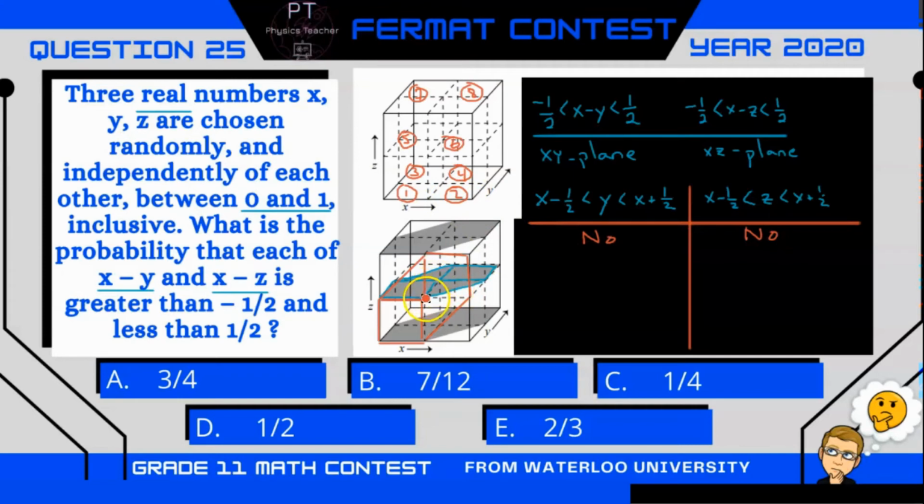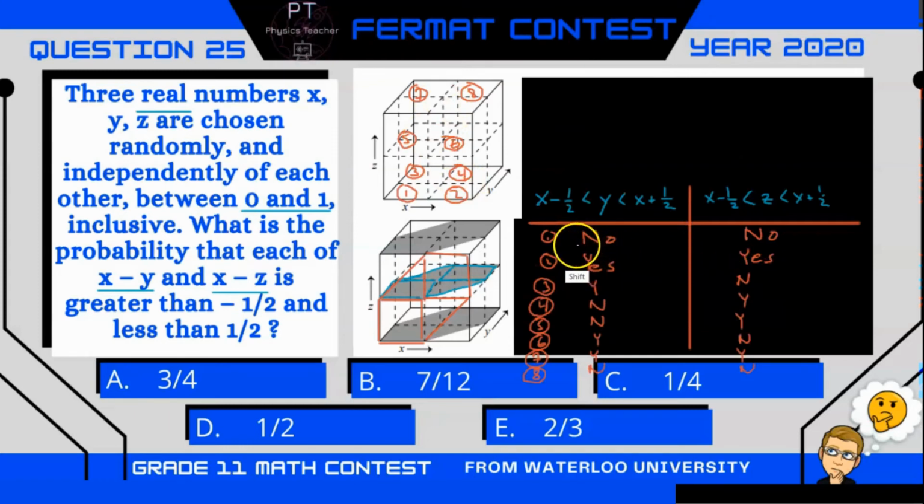Number 2, if we're looking at the blue lines, yes, it gets sliced in half. So let's write a yes there. And what about in our xz plane? Yes, it gets sliced in half here as well. So yes. And let's keep doing this for all of our other cubes.